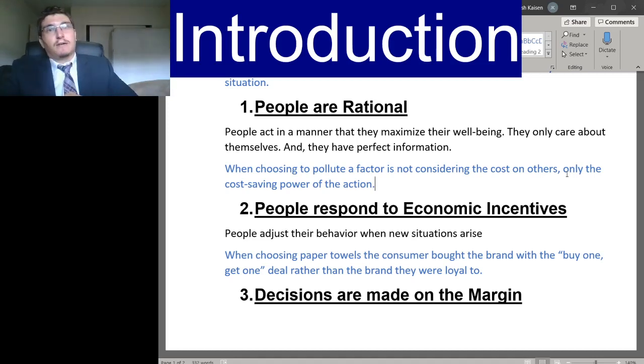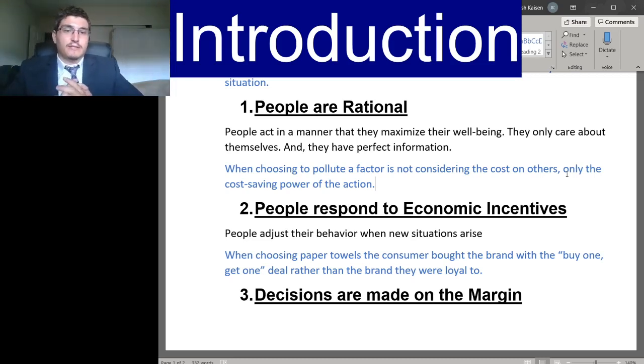Now, the third assumption, this one is really important. This one will not go away when we go to behavioral economics. It's a much more mathematical assumption. Honestly, you need calculus to understand it very well.